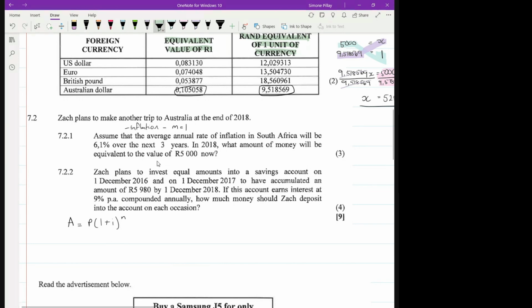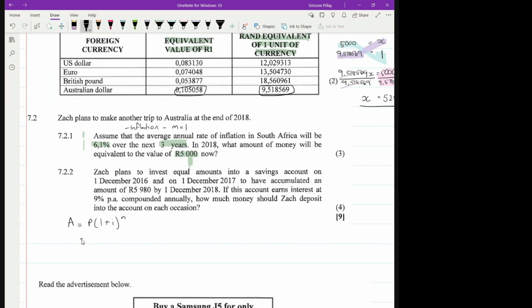Let's look at what we're going to substitute in. It says our average rate of inflation is 6.1%. So this is my i, that's my interest over the next 3 years. So I can see that's going to be my n. In 2018, what amount of money will be equivalent to the value of 5,000 Rand now? So this is basically my present amount, my original amount.